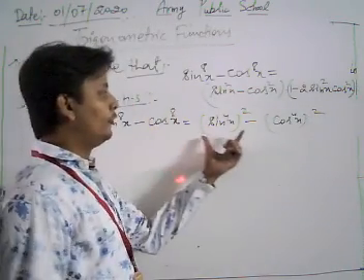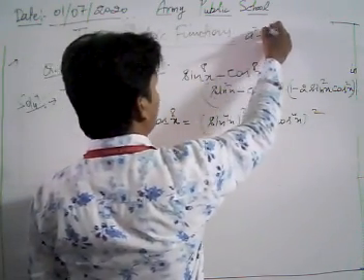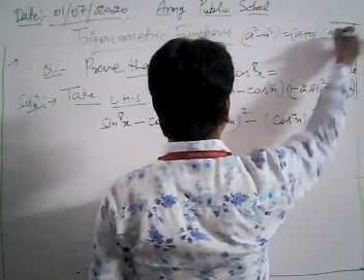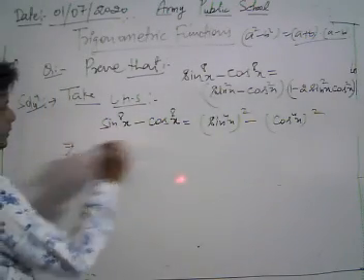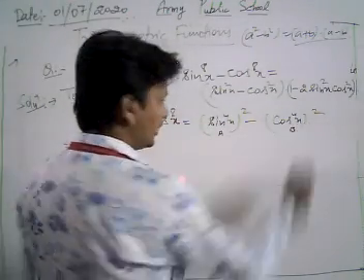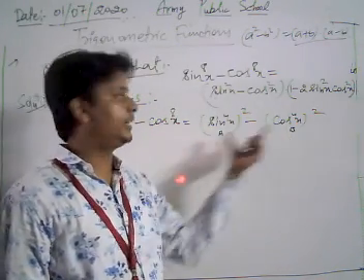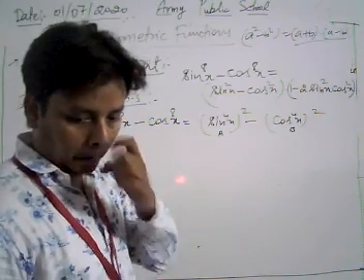Now we split this based on the formula a square minus b square. We know that it is a plus b into a minus b.